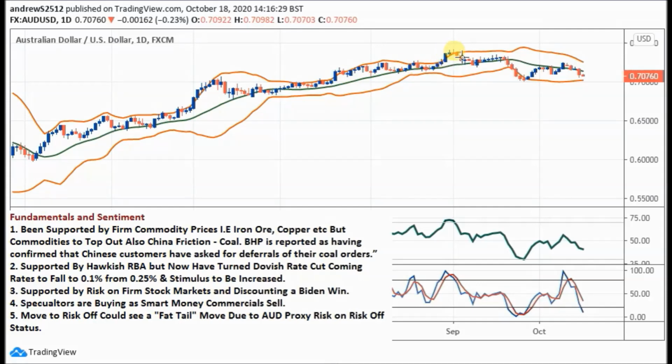The outer Bollinger Bands really kind of hold price. Okay, get a few little pokes through. When you get a fat tail, it means more than 2 standard deviations, so really exaggerated volatility, which we saw when the Aussie really melted down, that blow off low. I think that could happen again. Okay.